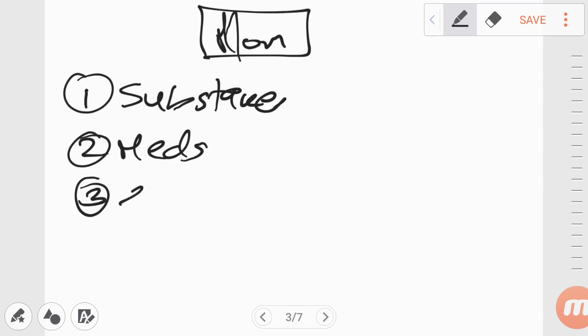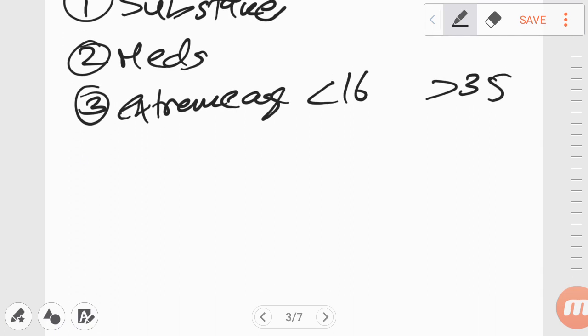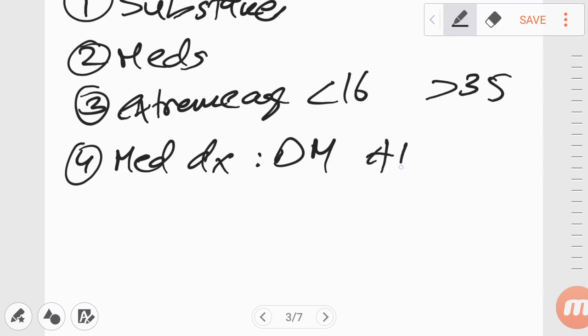Thirdly, extremes of age. That means if the mom is less than 16 years old or if she's older than 35 years of age, both of these can increase the risk for IUGR. What else? Another thing that can affect the child is if the mother suffers from any medical diseases. This can include diabetes, this can include hypertension.